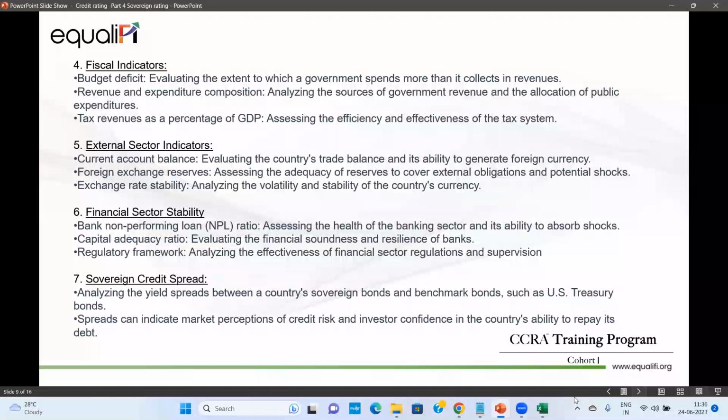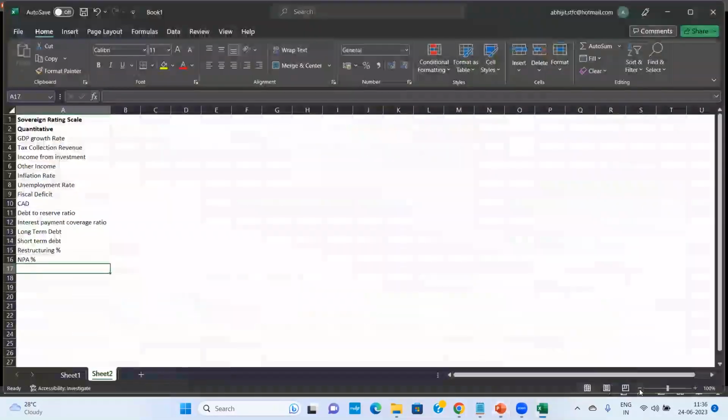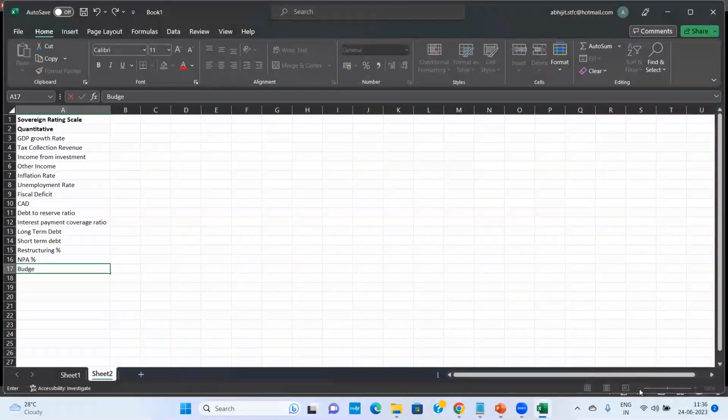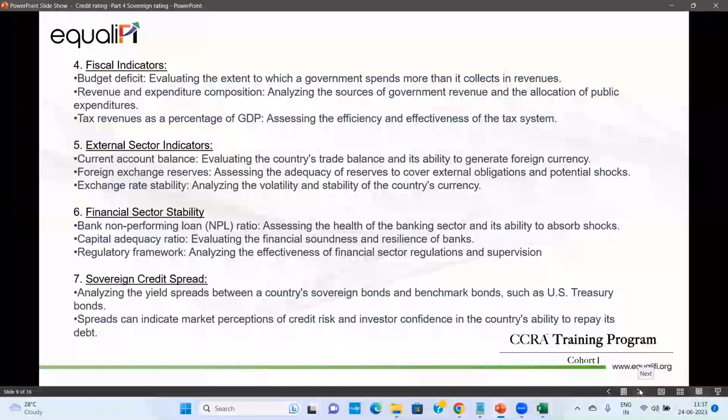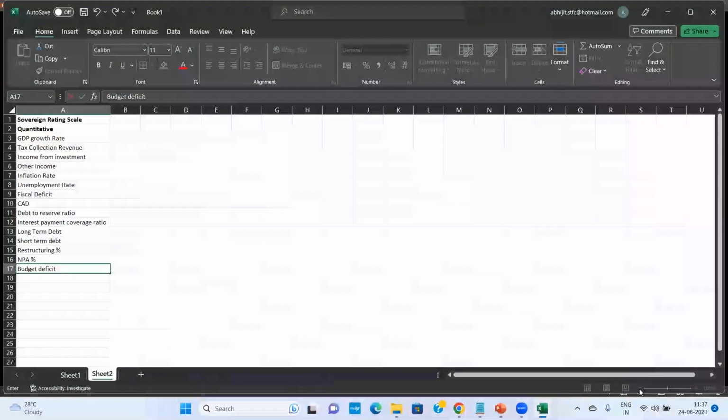Next one is budget deficit. Budget deficit means the gap between revenue and expense, right?